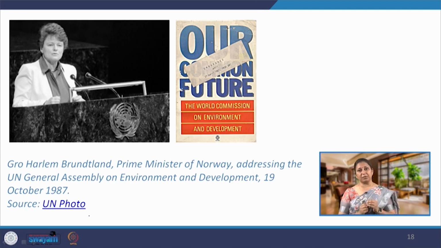Prior to this, we had been talking about just the environment, or just the economy, or just the society, the lifestyle of people. But for the first time, a larger part of the world came together and agreed that all these three are interconnected. So, if we really are talking about sustainable development, we can't just be talking about economy.